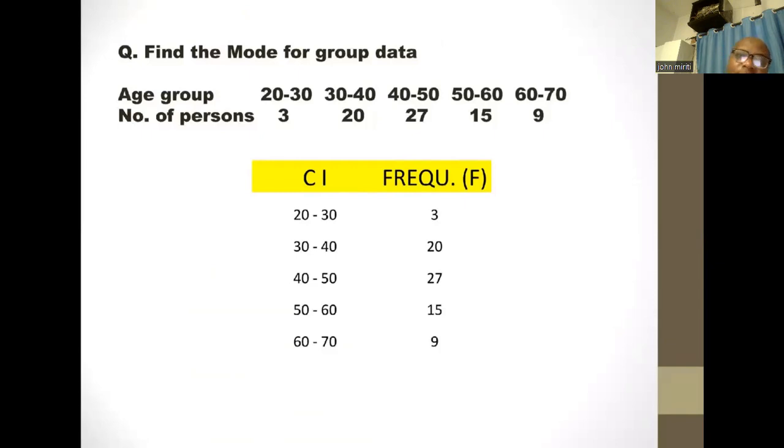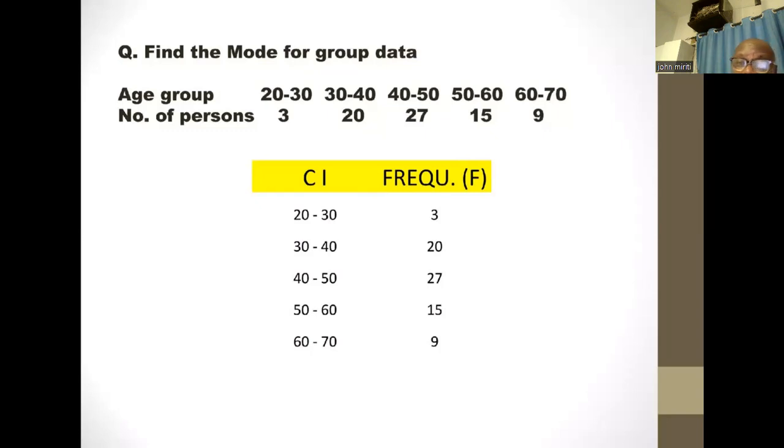Now, we have grouped data of classes. We have 5 classes, and the class has a length of 10. The first class is 20 to 30, then 30 to 40, 40 to 50, 50 to 60, 60 to 70. And you can see the frequency there.